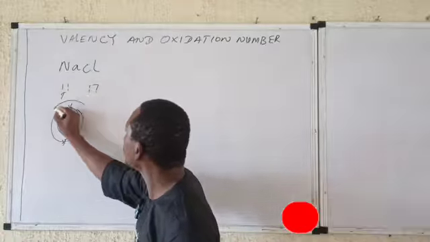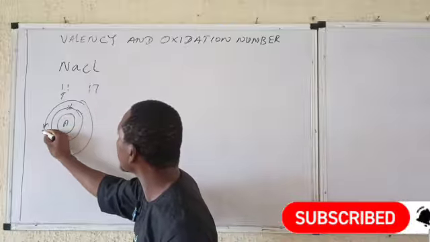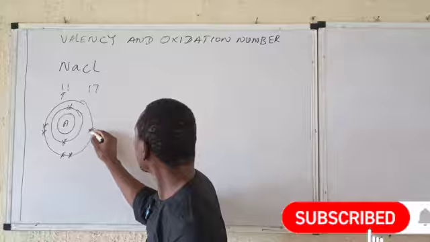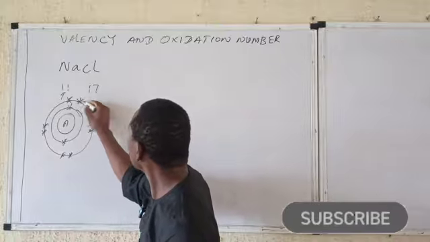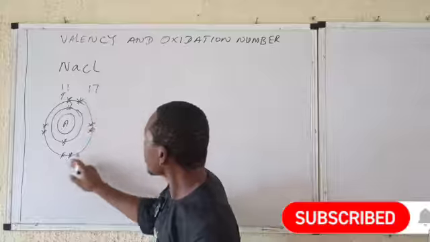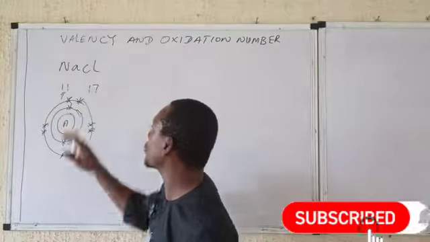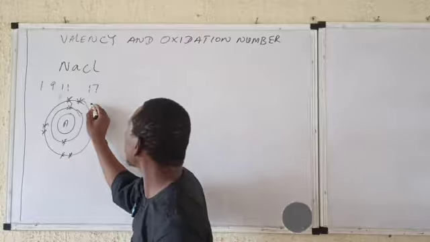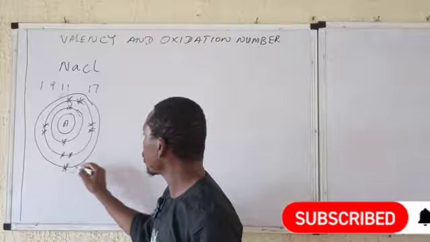The second shell can take a maximum of 8 electrons. So if 8 electrons enter the second shell and we have 9, 1 electron is remaining. The last one will now go into the third shell.